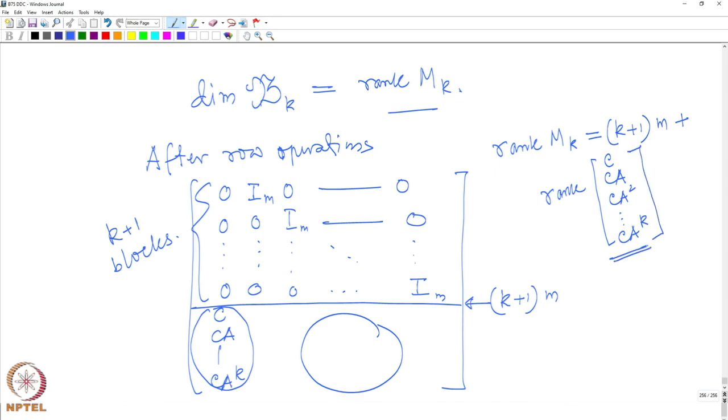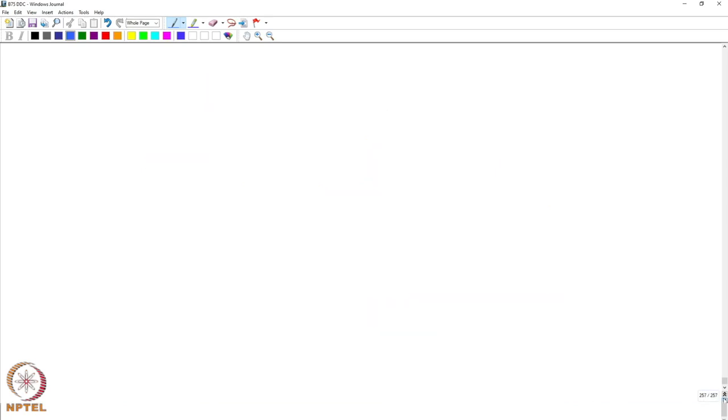Does it not look familiar? This is the observability matrix, isn't it? What is its rank in general? How do I find out the rank of this? This is not the full observability matrix though. It is possibly a part of the observability matrix, but it can be bigger than that also.